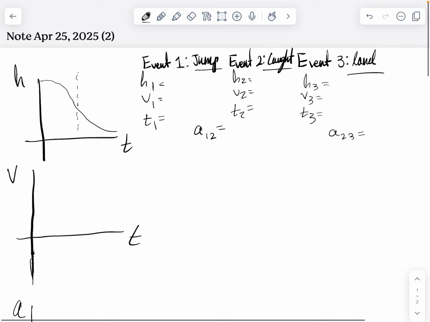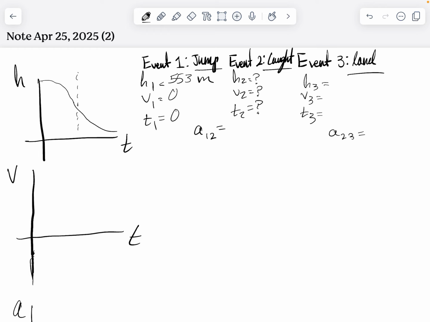Okay, so what do we know? We know the height is 553 meters. The velocity is 0. The time is 0. And we don't know height 2, V2, or T2. Height 3 we know is 0 because that's where they land. Same for V3. The velocity is 0.